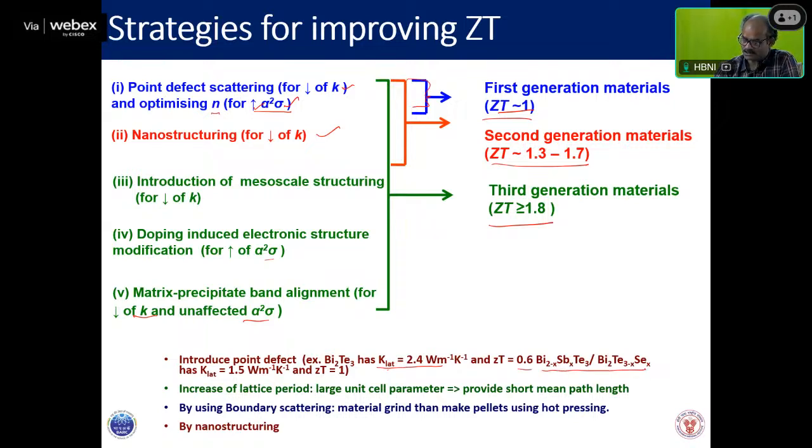Similarly, in bismuth, tellurium, and selenium compounds, the increase of lattice period, the large unit cell parameters, provides a short mean free path length. And by using boundary scattering, grinding the material, then making pellets using hot pressing, and by nanostructuring, we can improve the ZT value.